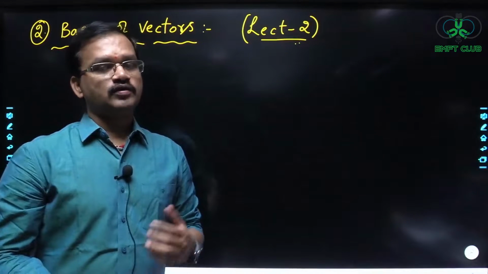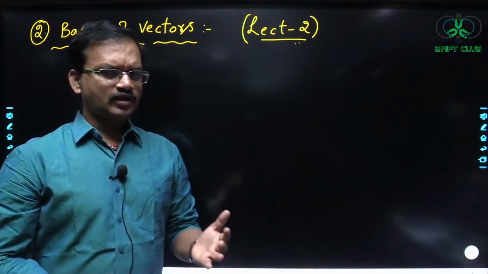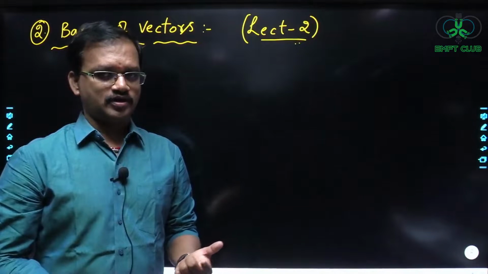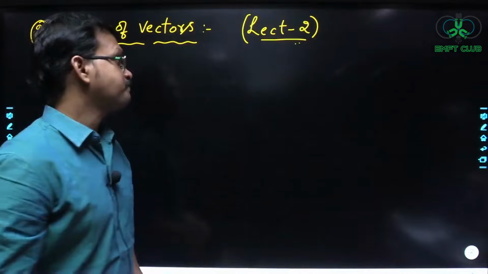After that we will see vector multiplication. We have two types of vector multiplications, the dot product and the cross product. We will see their physical interpretations and all those things, right? Okay.